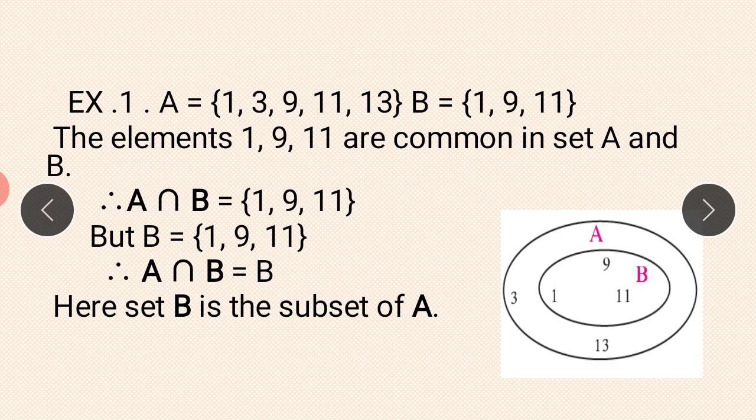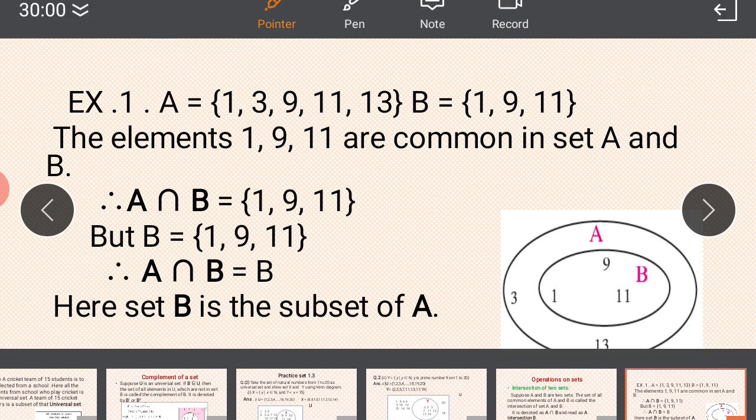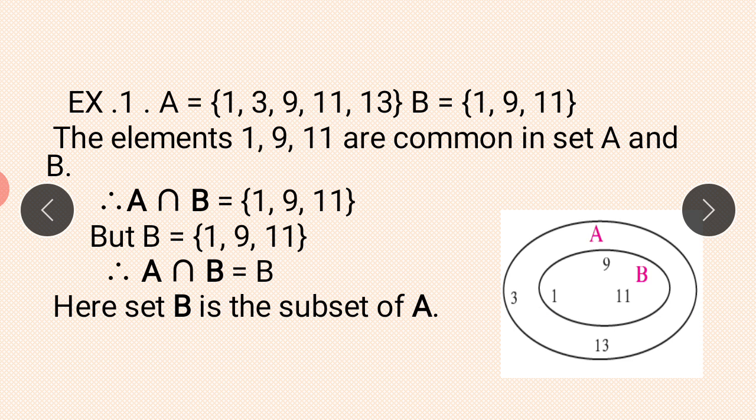The elements 1, 9 and 11 are common in set A and set B. Therefore, A intersection B is equal to curly bracket 1, 9, 11 curly bracket complete. Right?